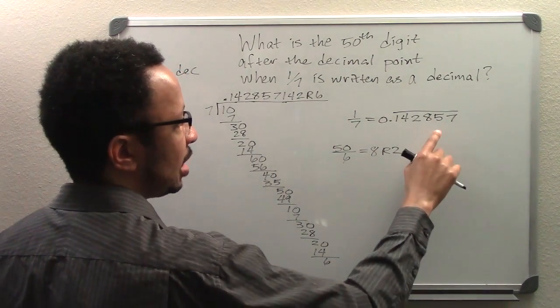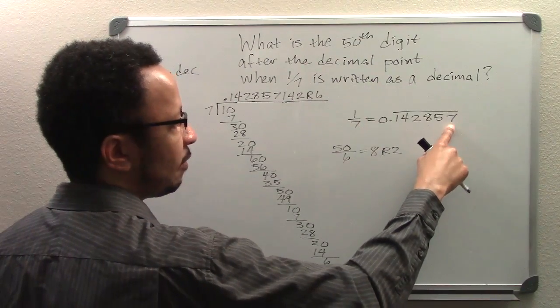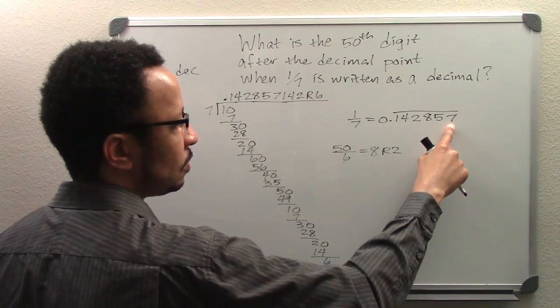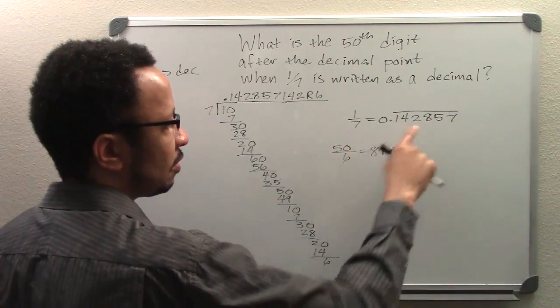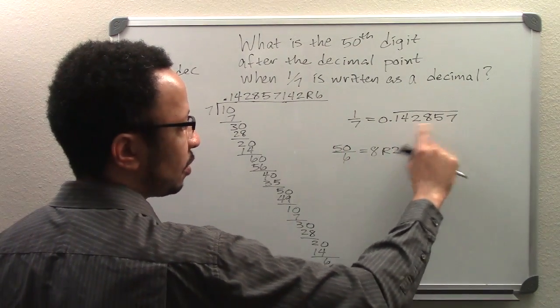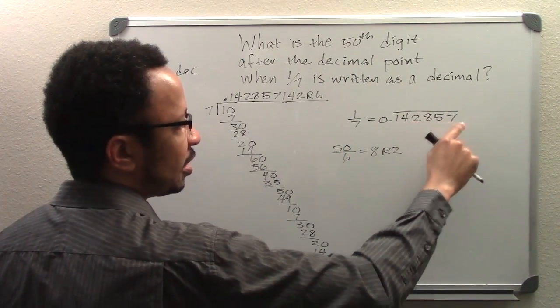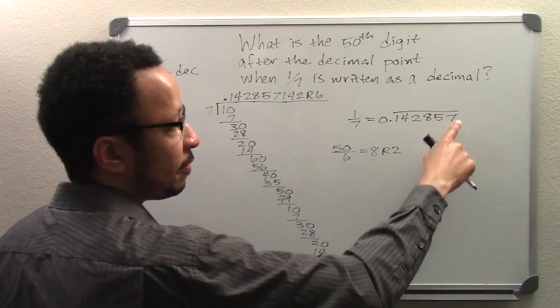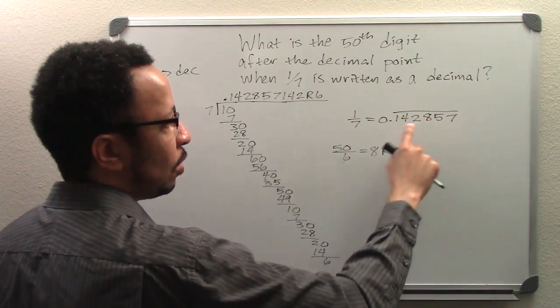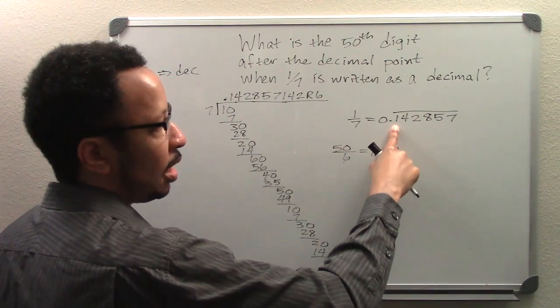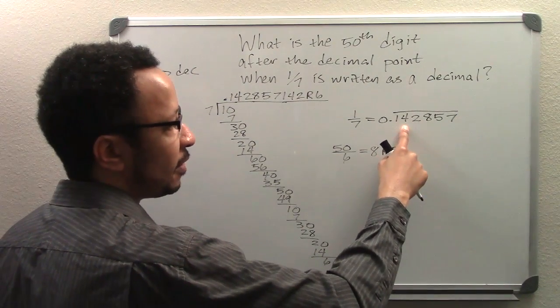So that would make the 7 the 48th digit. So 7 will be 48, 1 will be 49, and then 4 will be 50.